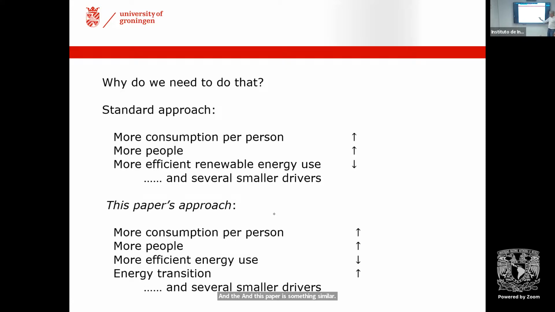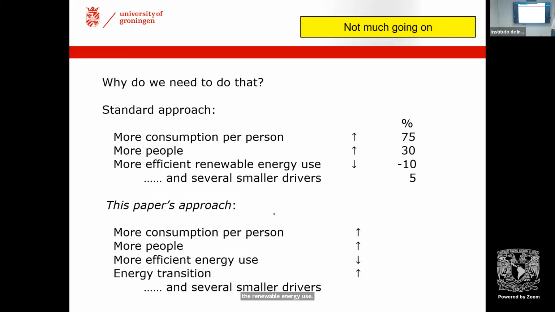But there we say more consumption, more people increases total renewable energy use. More efficient energy use has a decreasing effect. But energy transition, if all of a sudden we start transiting to solar and wind energy, that will increase the renewable energy use. Now, why do we think that this is important?